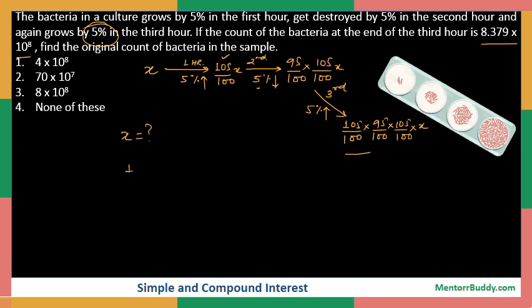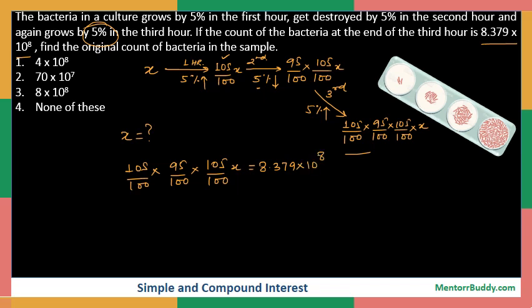So if I just equate the values, 105 by 100 multiply by 95 by 100 multiply by 105 by 100, X is equal to 8.379 multiplied by 10 raised to the power 8.